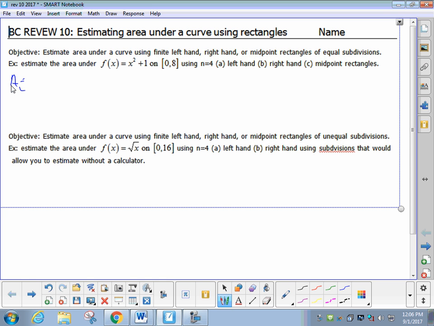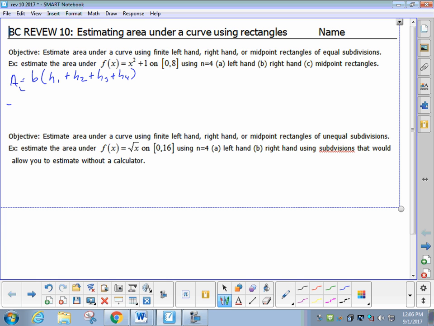Then doesn't each rectangle have a similar component? If they're equal subdivisions from 0 to 8, they're equal width, so either width or base. I'm going to factor out a general base, and then as far as the shape of the curve, we'll have 4 heights for each of the rectangles.